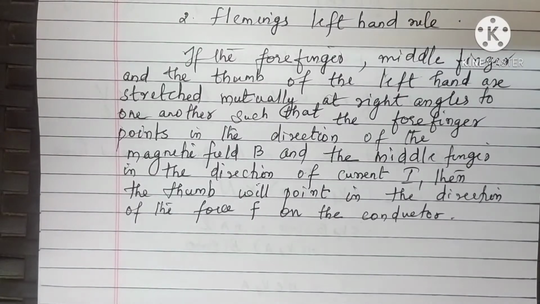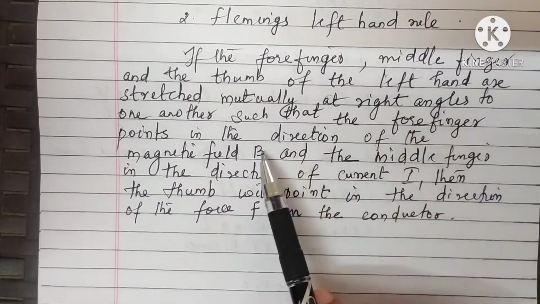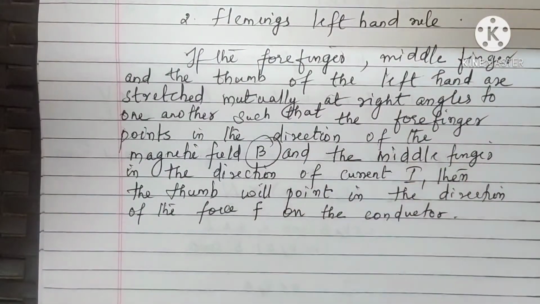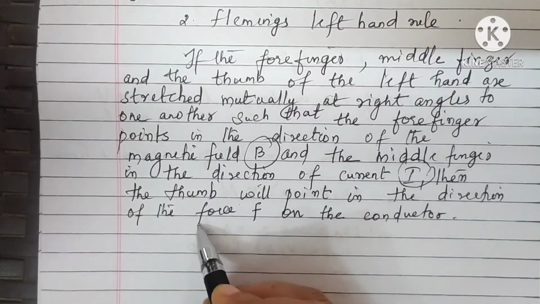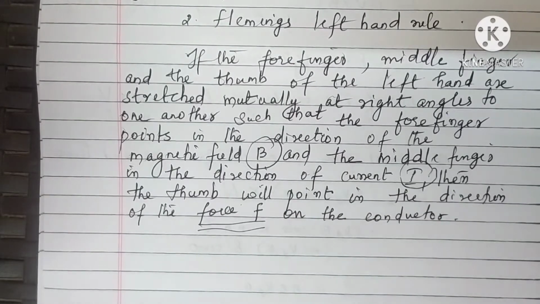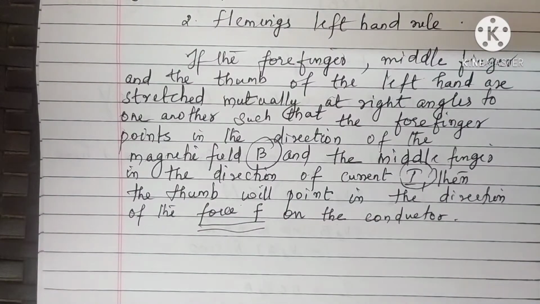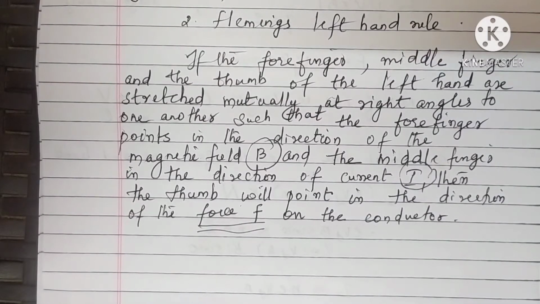The statement is: if the forefinger, middle finger and the thumb of the left hand are stretched mutually at right angles to one another, such that the forefinger points in the direction of the magnetic field, middle finger in the direction of current, then the thumb will point in the direction of the force F. Clear? So these 2 are the rules which we use to determine the direction of force experienced by a current carrying conductor in magnetic field. I hope it's clear for you.